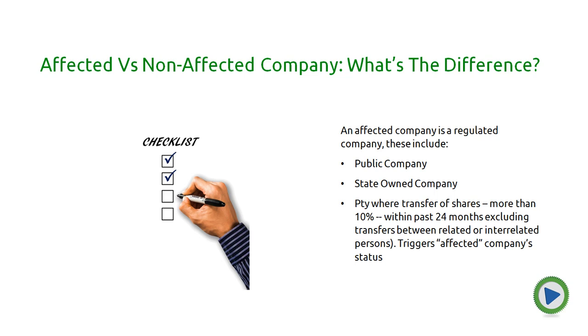But this excludes a transfer between related or interrelated persons. So if you transfer to your spouse, your child, your brother or your siblings, that excludes it because you are related.